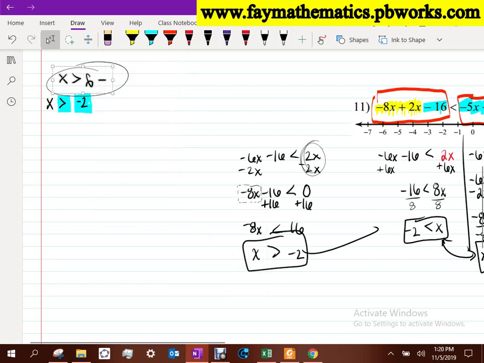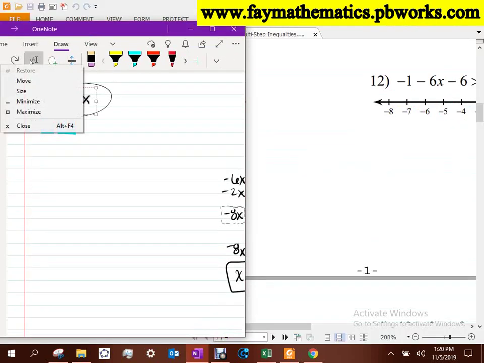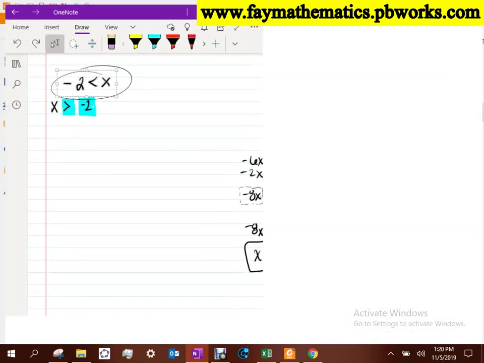Does that make sense? So the left-hand side became the right. Now, when I flip it like that, it makes that negative 2 look like a weird number. But the idea is that it didn't switch just one part. It switched completely. A complete flip-flop of the inequality. We call it the symmetric property of inequalities.